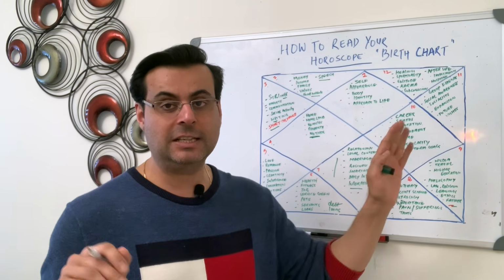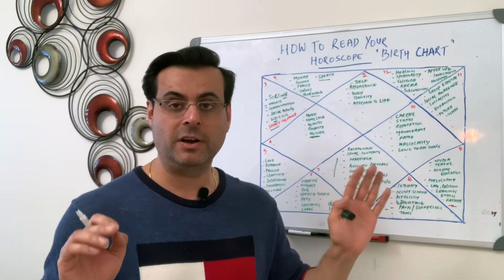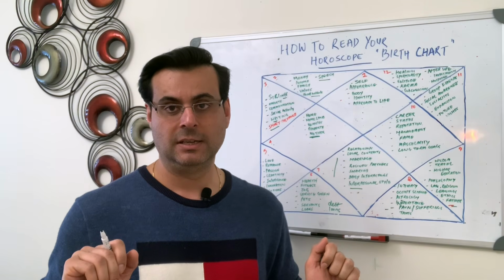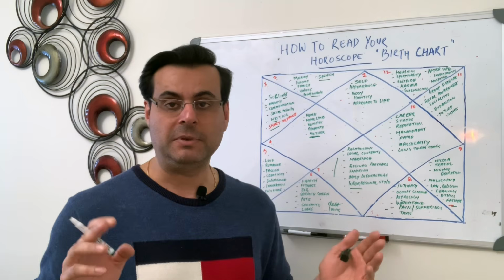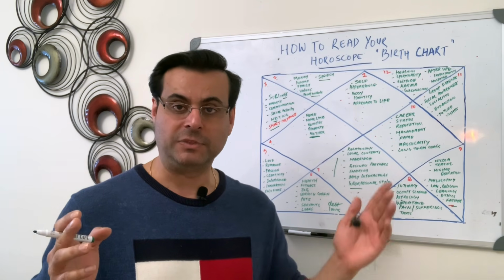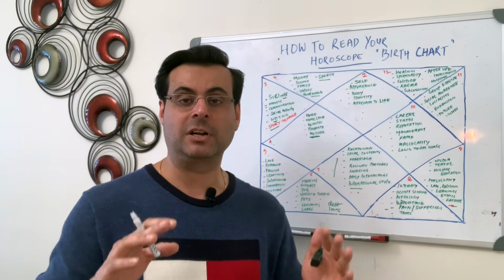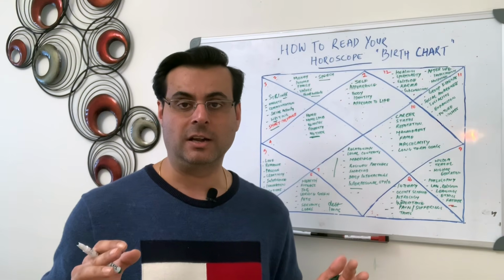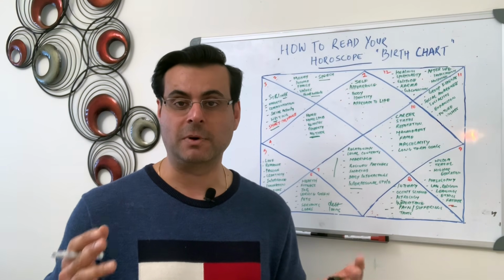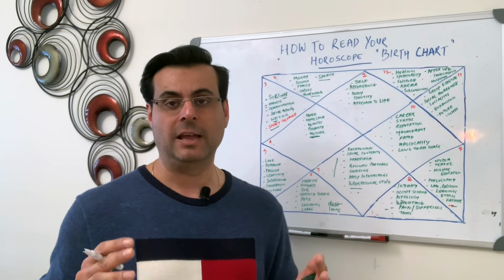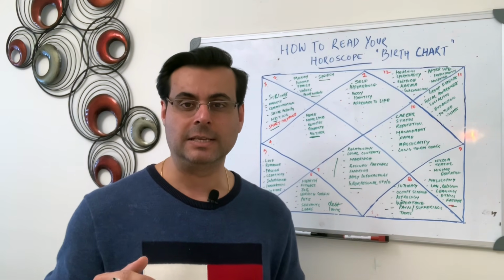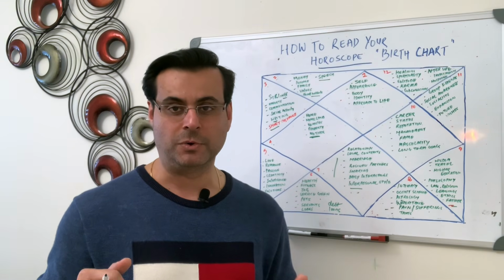So these are the 12 major houses, very, very important houses, which we need to understand before we start reading their meaning and interpreting the chart, as in what is about to come in my life and what roadmap is given to me by the planets or cosmic energies at the time and place when I was born.